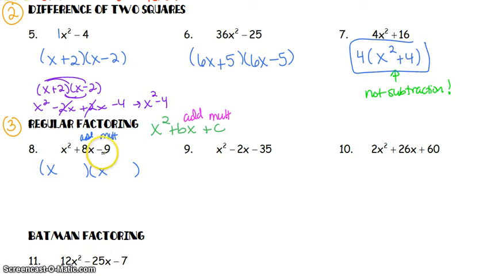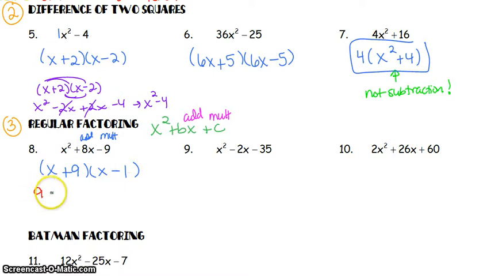I'm multiplying to a negative and I'm adding to a positive. If I'm multiplying to a negative and adding to a positive, I know that I'm going to have one positive number and one negative. That's the only way to get a product that is negative. If I want my sum to be positive, that means the bigger of the two numbers has to be positive. And that's going to be a 9 and a negative 1.